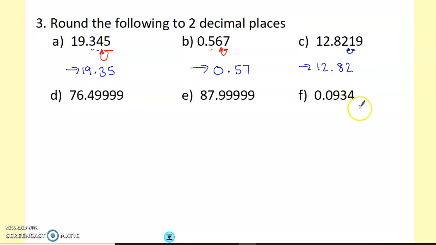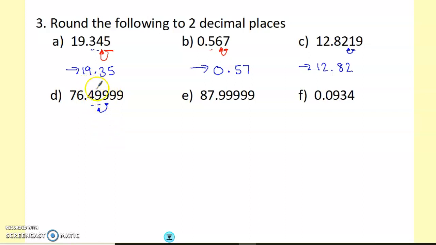D, you got trickier in D, but again, have a wee think. See if you can figure it out before I go over it. Okay, so we have 76.49999. So there's my 2 numbers after the point. There's my third number, that's my deciding number. That's going to push that 9 up to a 10. Again, can't really push up to 10.